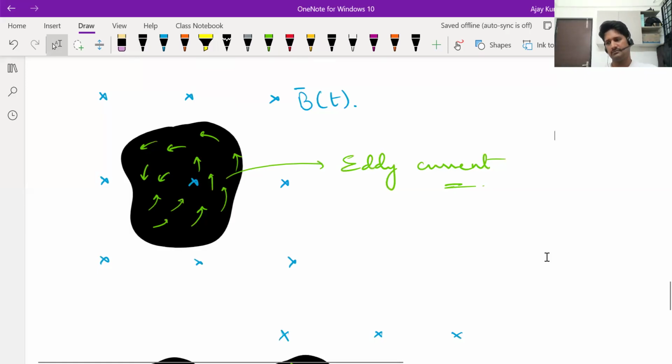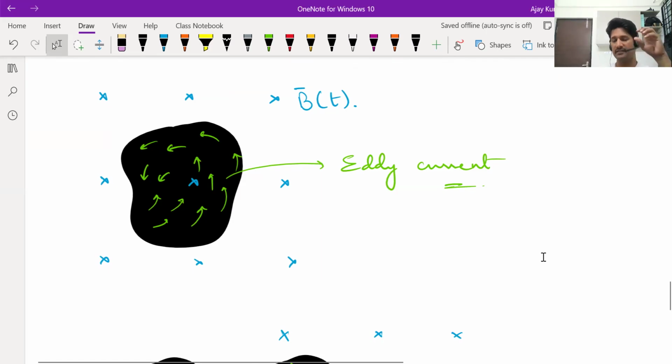Now, you may call it an advantage, you may call it a disadvantage. If heat generation is what you want, then eddy current is an advantage, because eddy currents are basically currents flowing everywhere in the conductor. They produce a lot of heat. That conductor will heat up. So if heat generation is your intention, then eddy current is a good thing. But suppose heat generation is not the purpose here, we don't want the conductor to get heated, then eddy current becomes a bad thing. There you will have to find ways to reduce eddy currents.